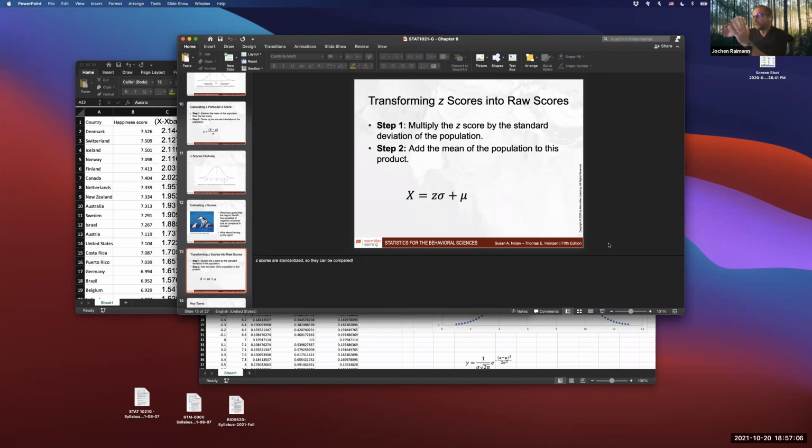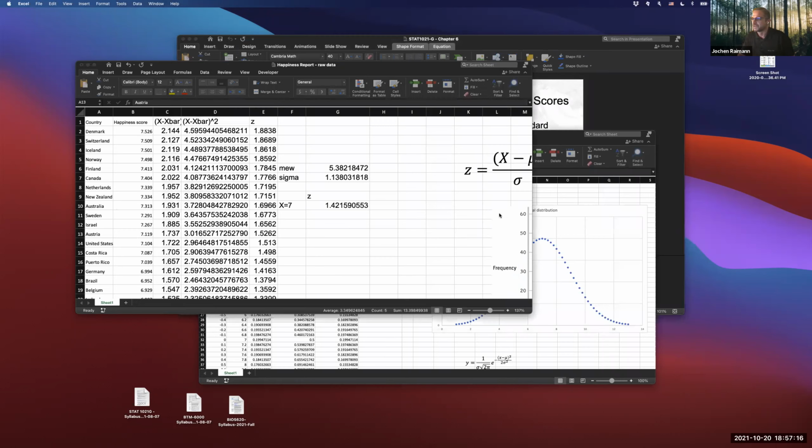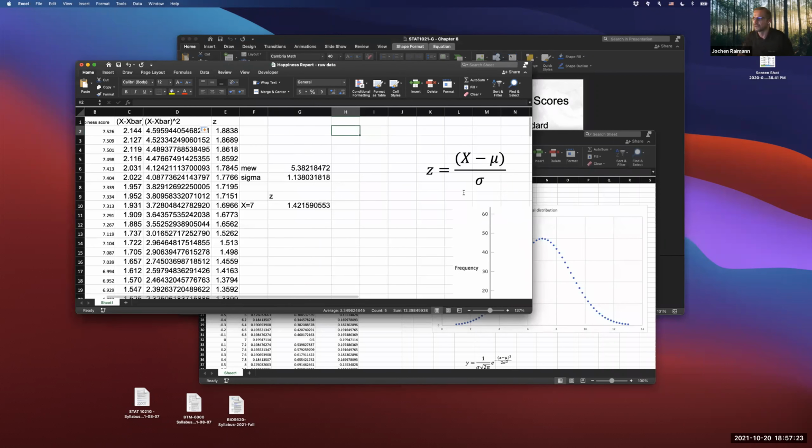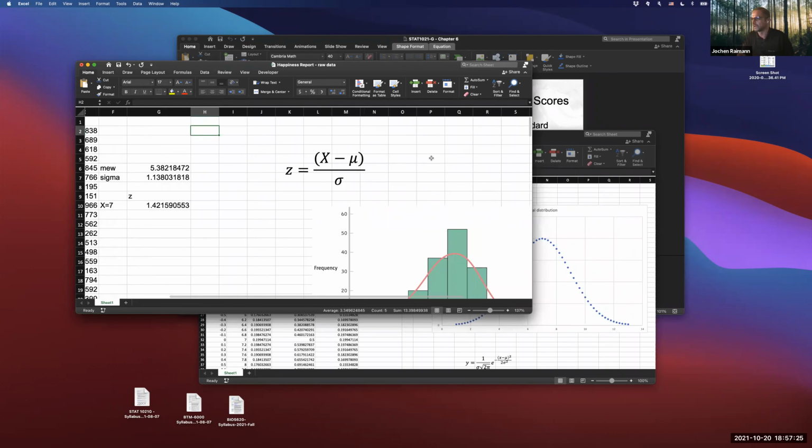Now obviously, when you have a Z score, you can do just the opposite. If you want to calculate a Z score, this is easily done by subtracting the mean from your individual x, and then dividing this difference by sigma.